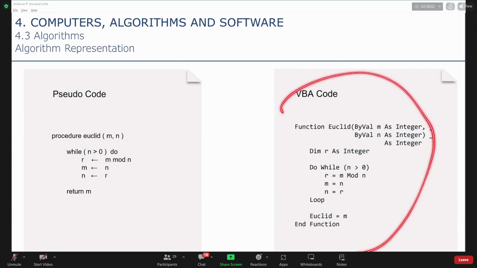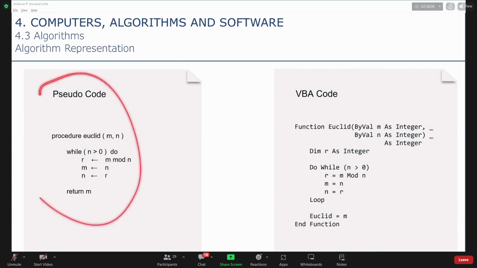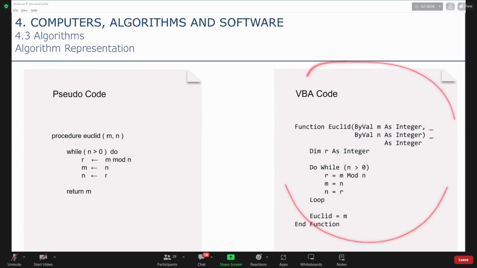And here you are now seeing the implementation of this algorithm in Visual Basic code. So you have a function Euclid, and the parameters are m and n, which are integers.